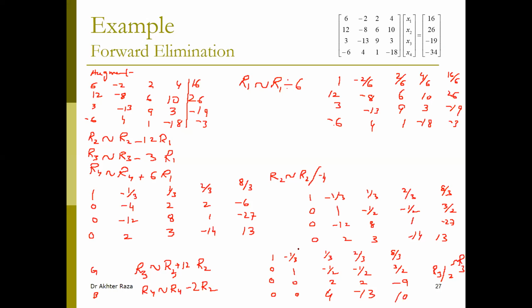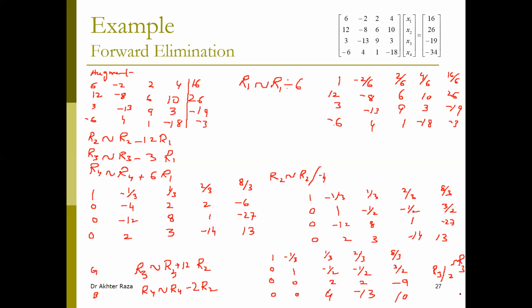And the next step is to make this third row's first non-zero element 1. So we have to divide row number 3 by 2 so that this element becomes 1. So here we will have 1, here we will have 1, this becomes minus 9 by 2.